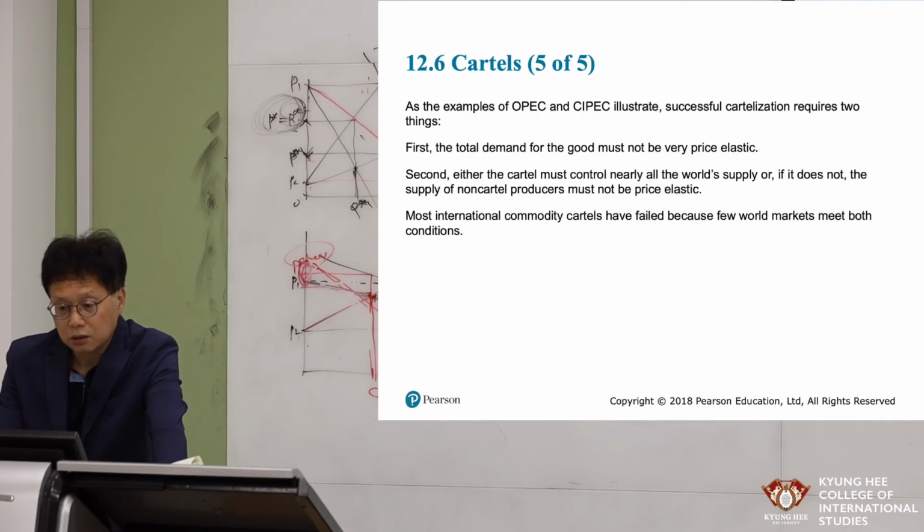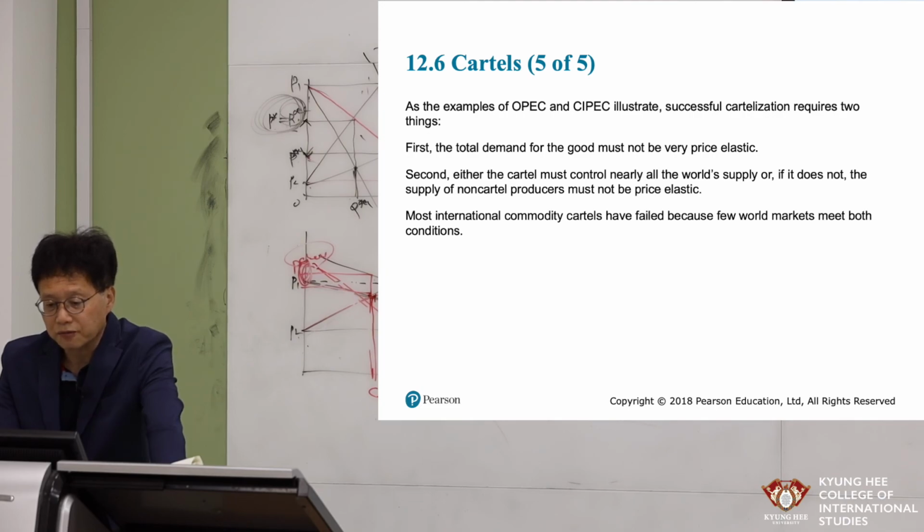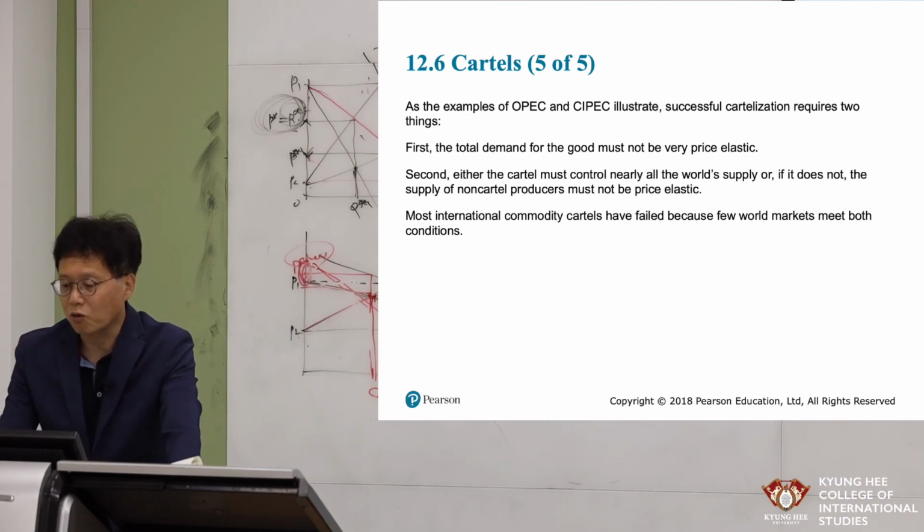Now, next slide. As the examples of OPEC and CPEC illustrate, successful cartelization requires two things. First, the total demand for the good must not be very price elastic. Second, either the cartel must control nearly all the world's supply, or if it does not, the supply of non-cartel producers must not be price elastic.